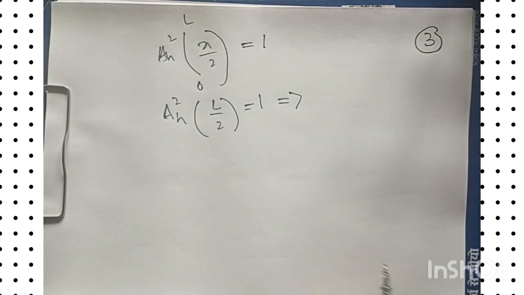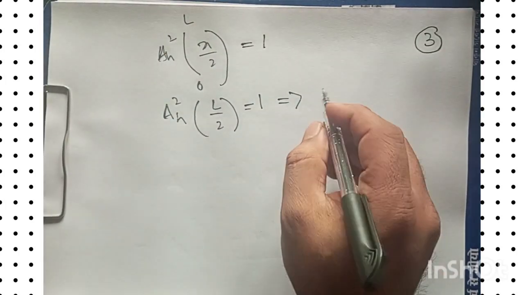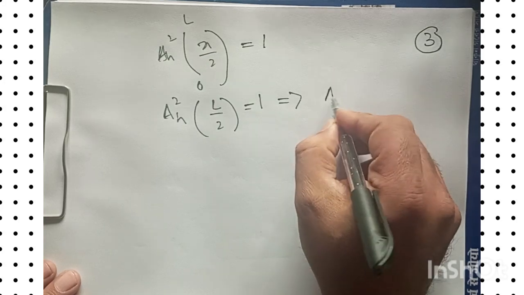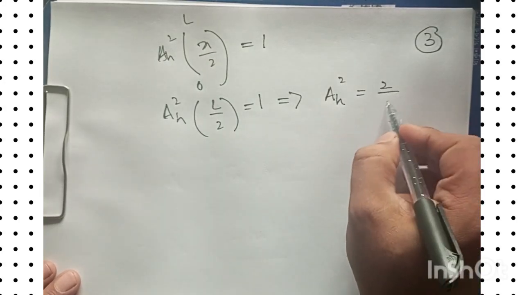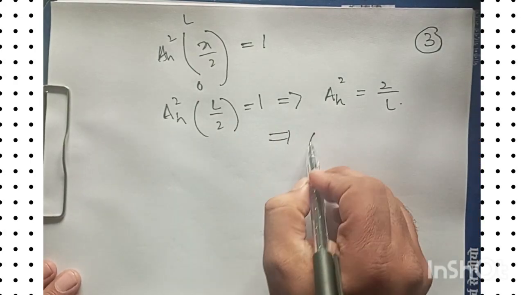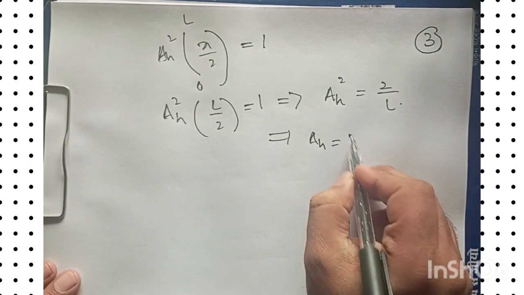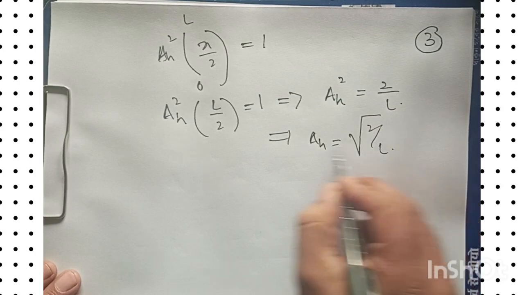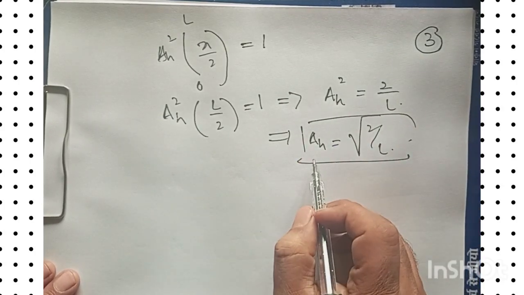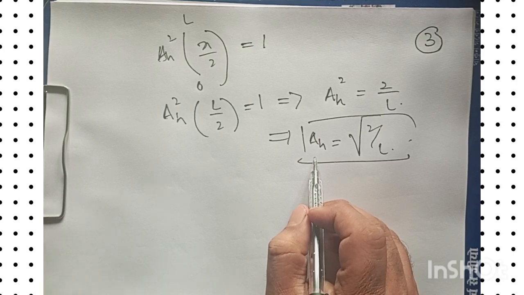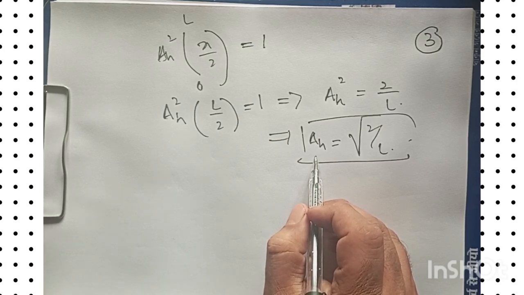So this implies that An square is 2 by L. So this implies that An is the square root of 2 by L. So we have got the value of this constant An using the normalization condition.